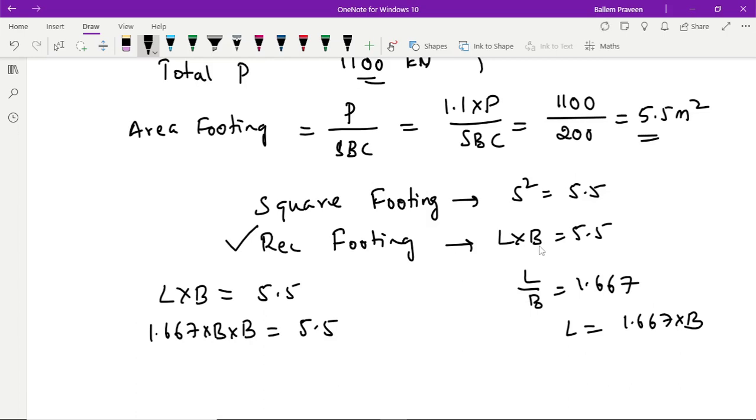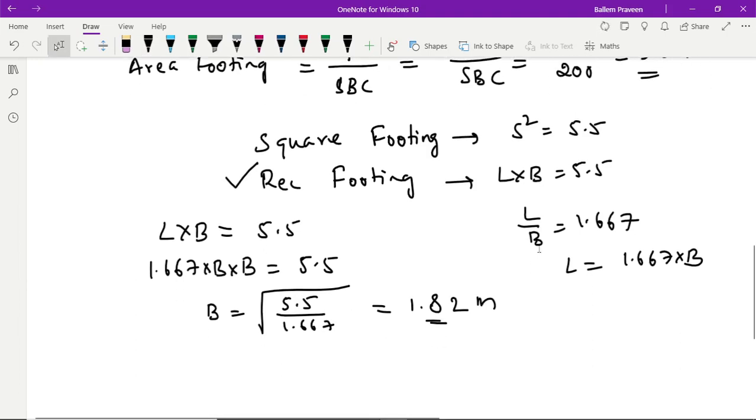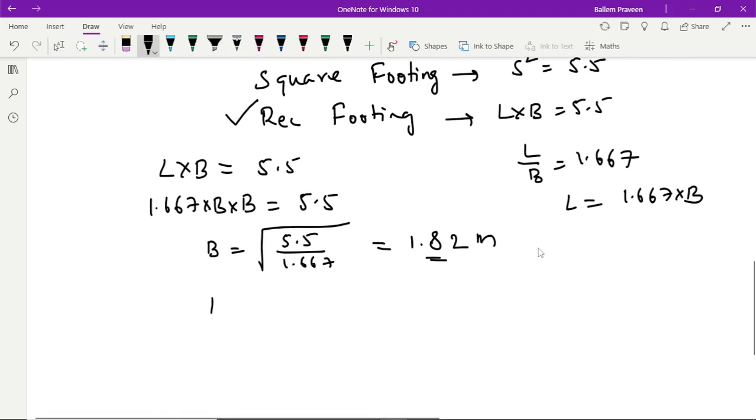So B is equal to under root 5.5 divided by 1.667, right? So it will be around 1.82 meters, and L will be 1.667 into 1.82, so it will be around 3.03.